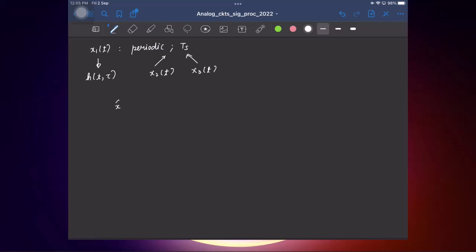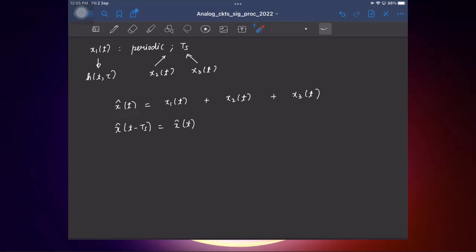Let us say I form another signal x hat of t, which is x1 plus x2 plus x3. What can you say about this signal x hat of t? That will also be periodic with Ts, right? So basically x hat of t minus Ts equals x hat of t. But what we want is for the overall signal to be periodic at a higher frequency.